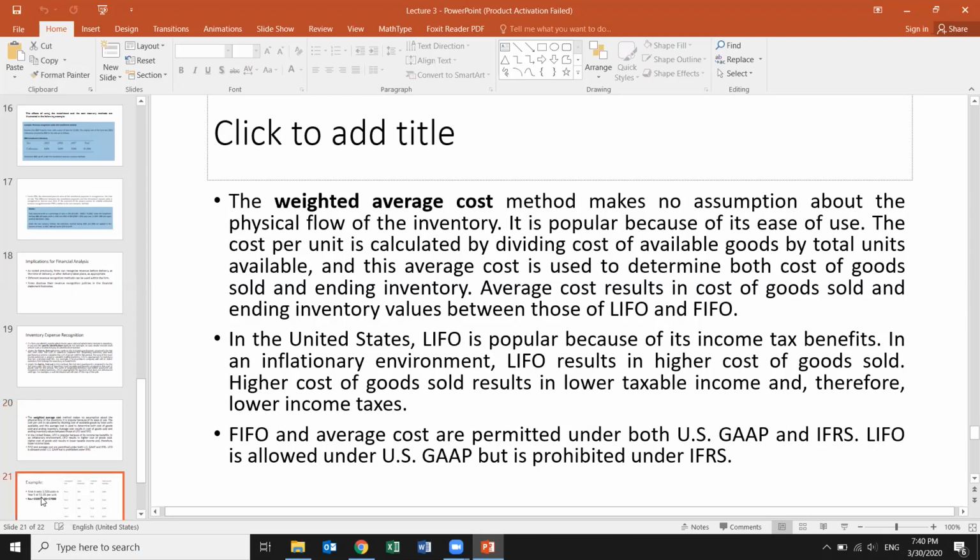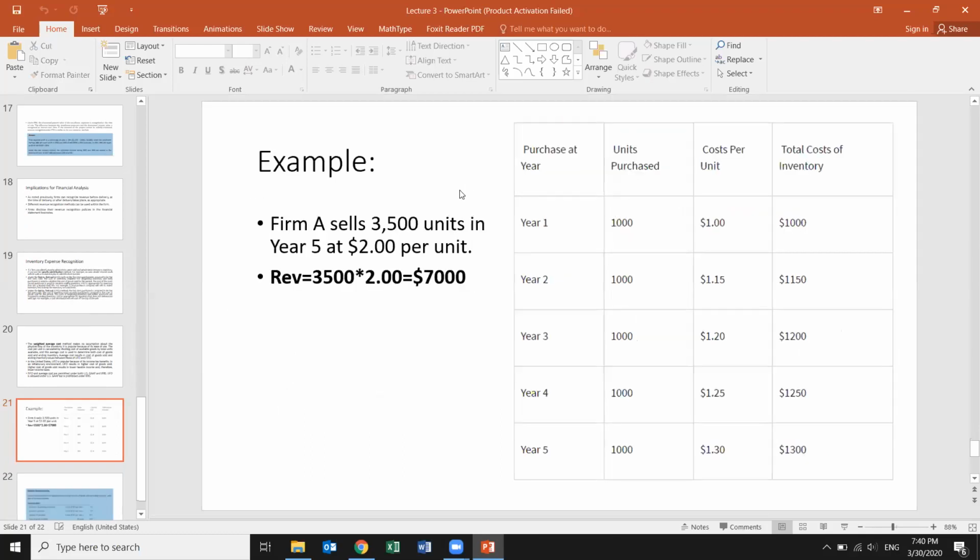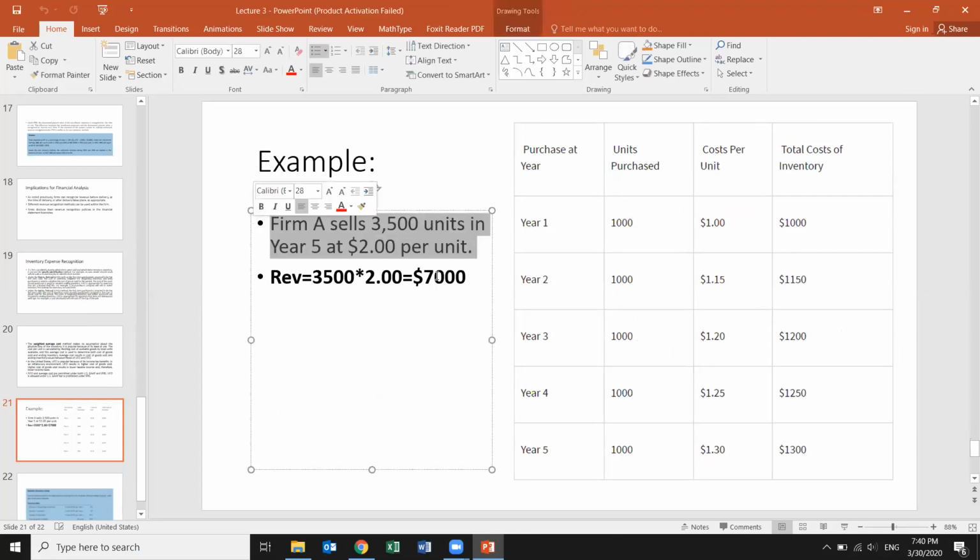So let us see the example. Here we are given an example: a firm A sells 3,500 units in year 5 at $2 per unit. Before selling, you had in your inventory, in year 1, purchased 1,000 units at $1, and the total value of your inventory is $1,000 in year 1.